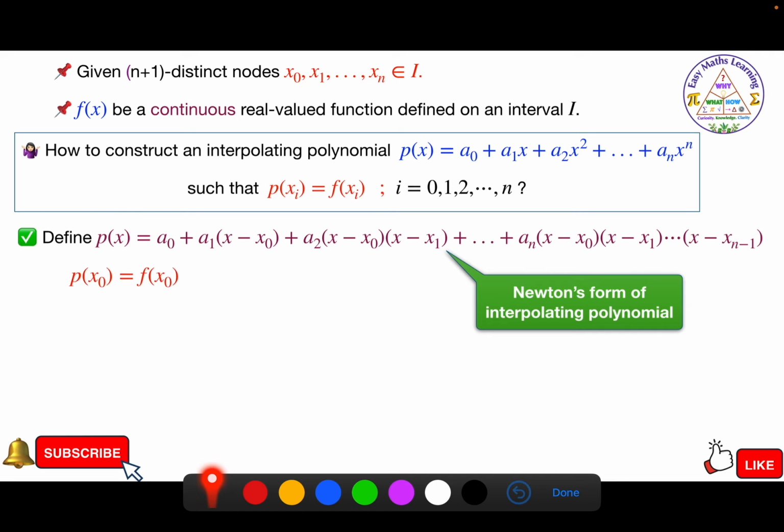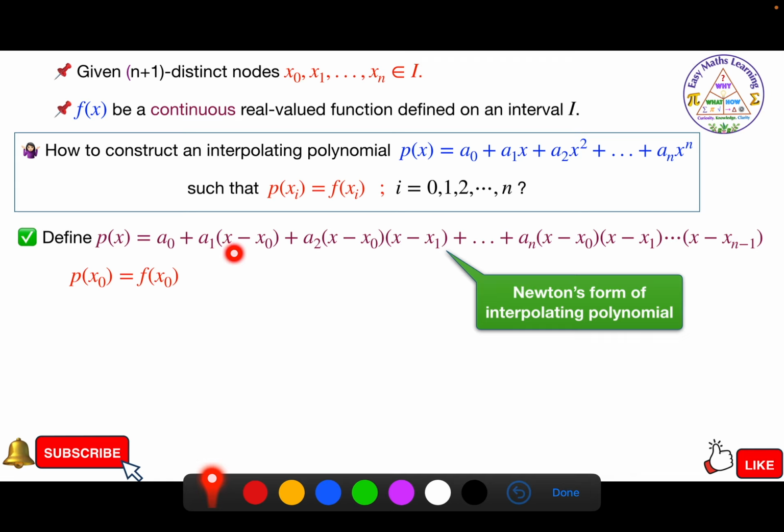Now we apply the interpolating conditions. The first interpolating condition is p of x0 equal to f of x0. So substitute x equal to x0 in p of x. See, all terms except a0 contain the factor x minus x0.